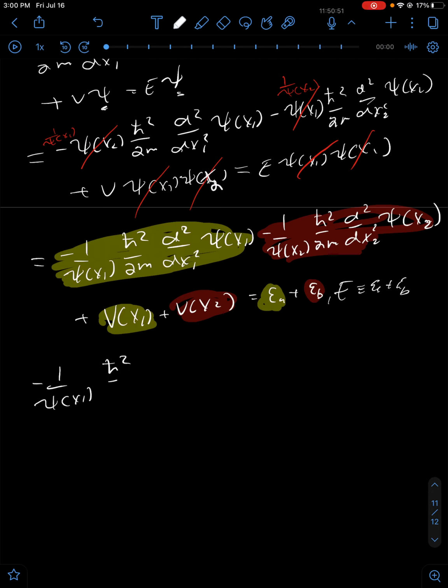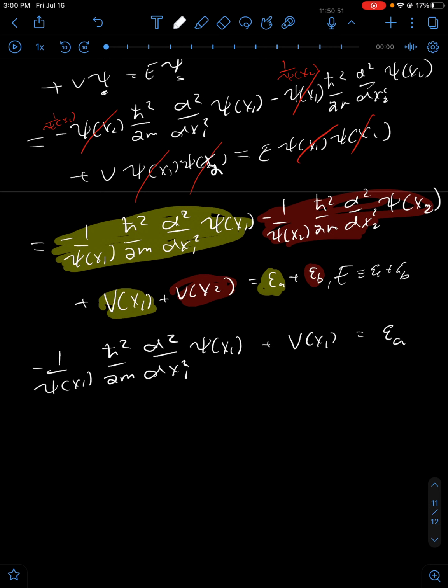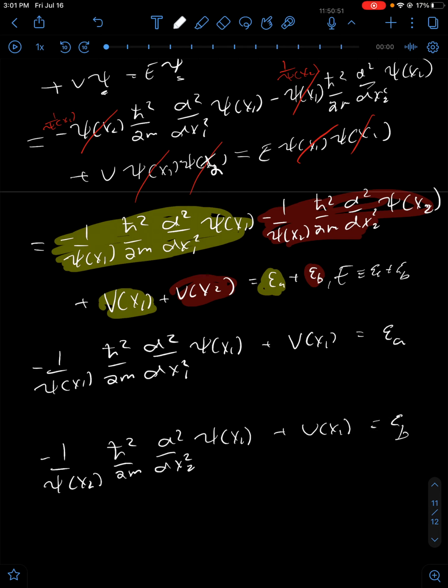So now we'd have minus 1 over psi of x1, h bar squared over 2m, taking the second derivative with respect to x1 of psi of x1, plus V of x1 equals epsilon A, and we have minus 1 over psi of x2, h bar squared over 2m, second derivative with respect to the x2 coordinate of psi of x2, plus V of x2 equals epsilon B. We can then multiply both sides by psi of x1 here.